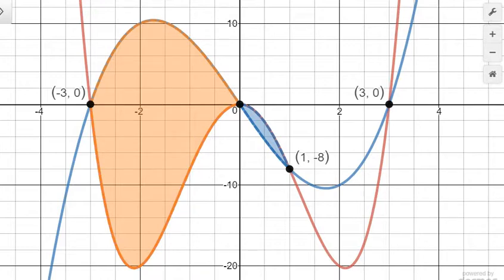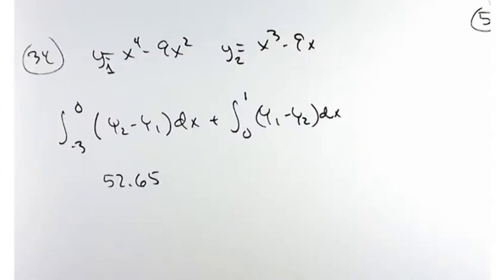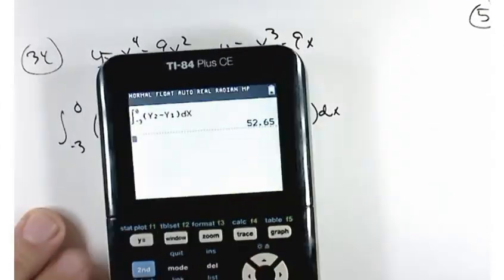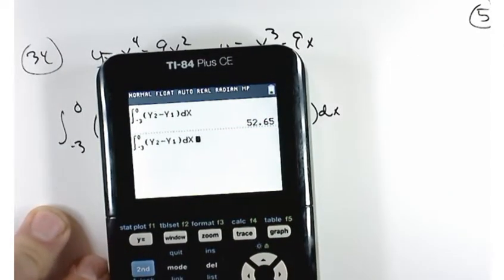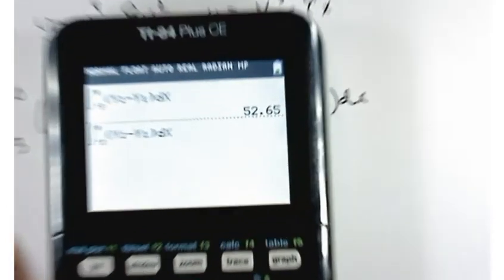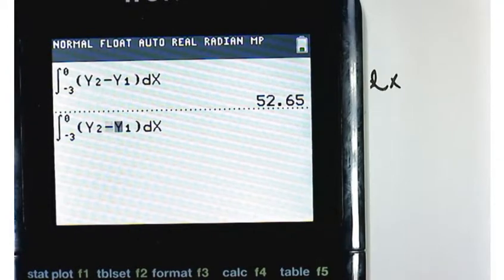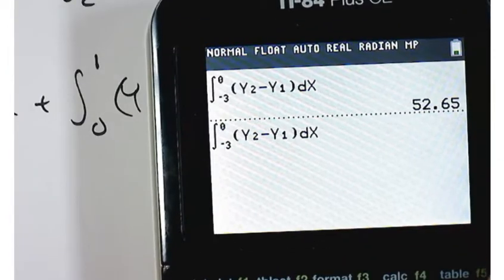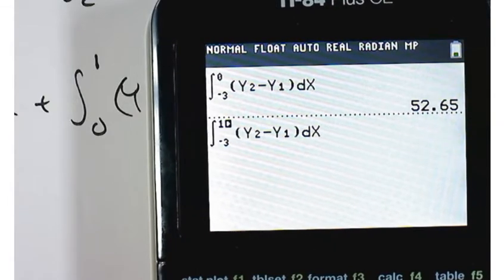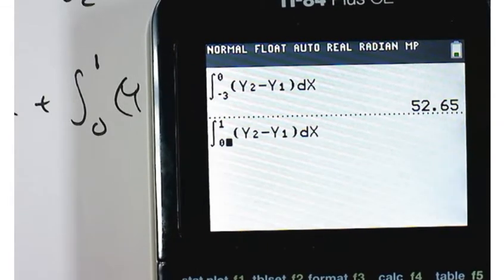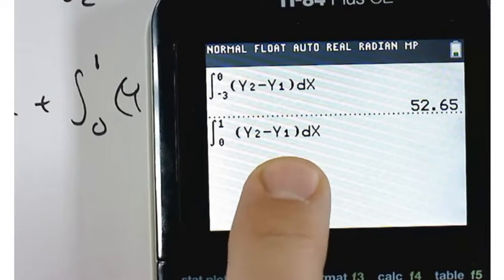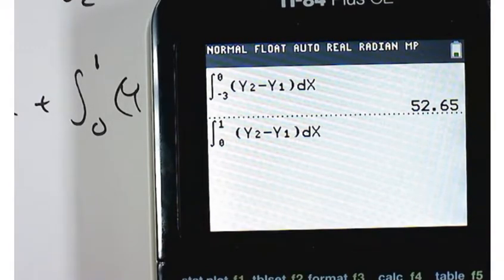I want to get this problem done with. I'm going to hit the second key, then the enter key. And the nice thing is that it brings back my previous calculation. All I'm going to do is change the limits of integration. My limits of integration now are going to be between 0 and 1. So 1 here, and let's make that a 0 now. Second key, then enter. We'll pull up your previous calculation, and then you can edit it.